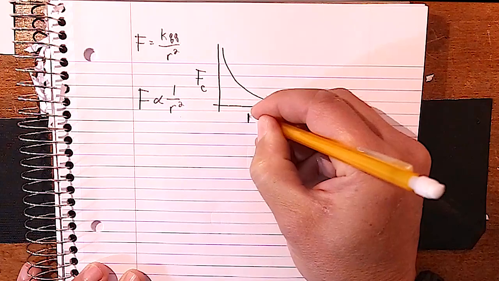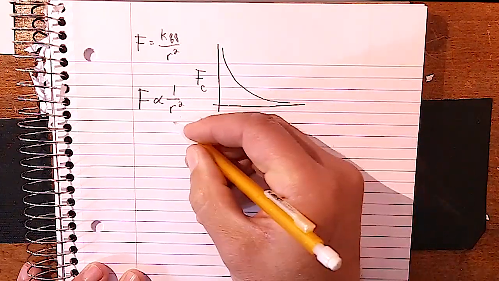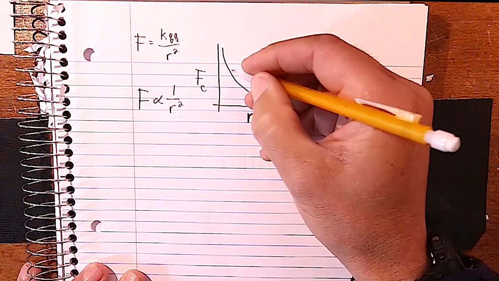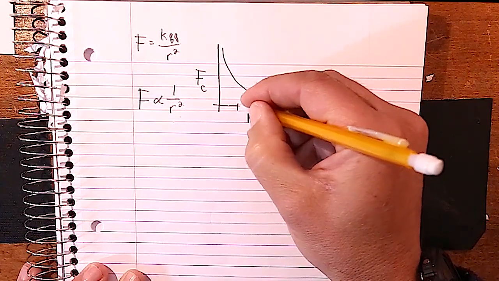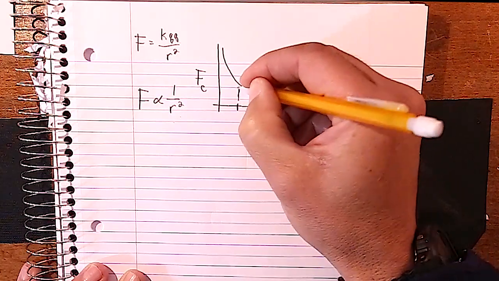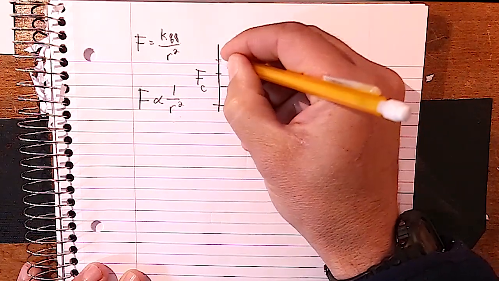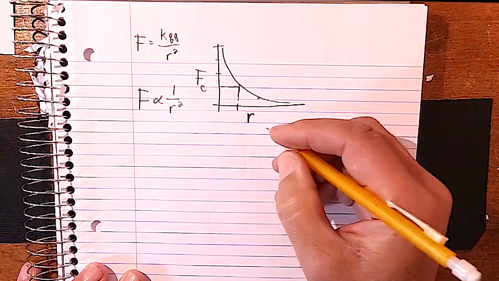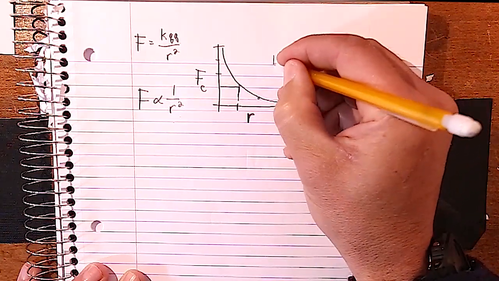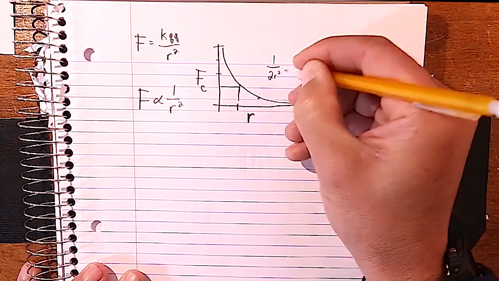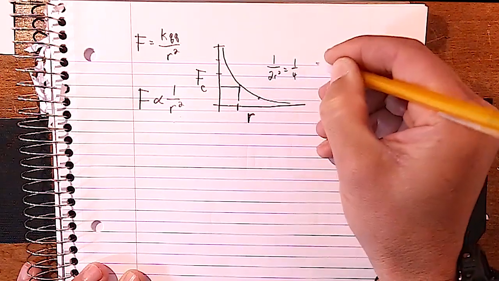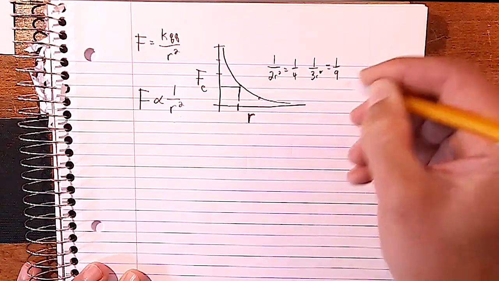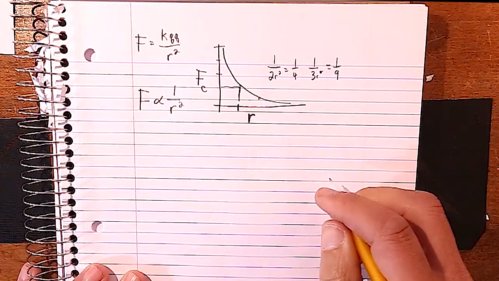And that inverse square, which is an inverse square law, shows us that when we double the distance out, we end up with 1/4 of the force, and that decreases according to 1 over 2r squared would be 1/4, 1 over 3r squared would be 1/9, and so on, just like what we did before.